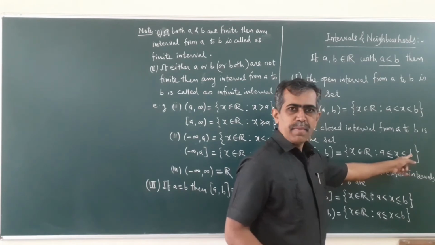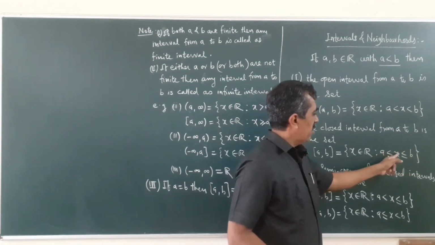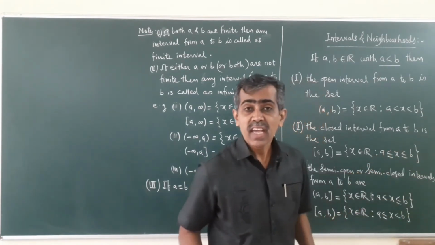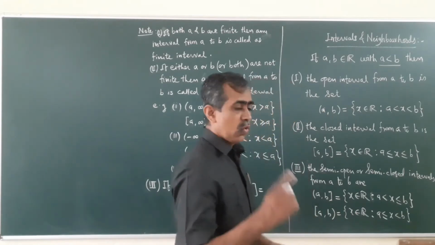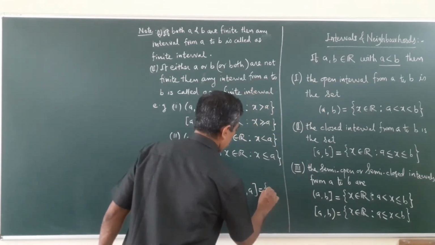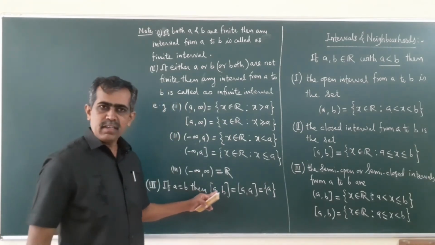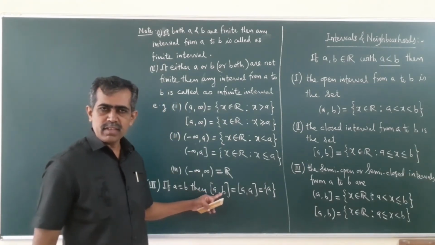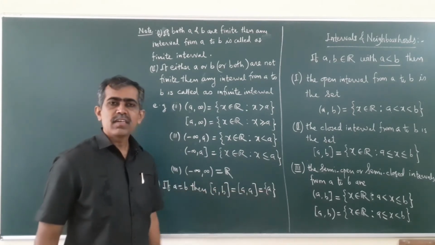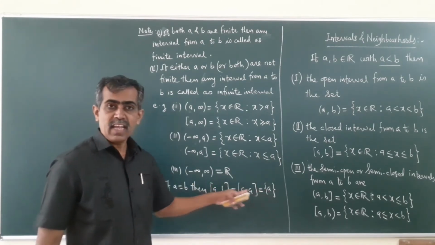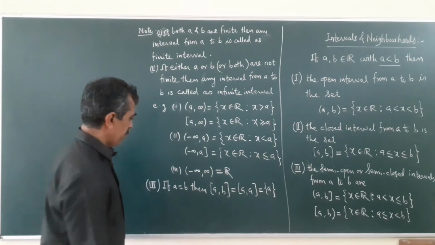B is the same as A, so A is less than or equal to x and x is less than or equal to A. So only one member is there, so it is nothing but A. Remember, if both the ends are equal, then a closed interval is nothing but a singleton set, called singleton A.